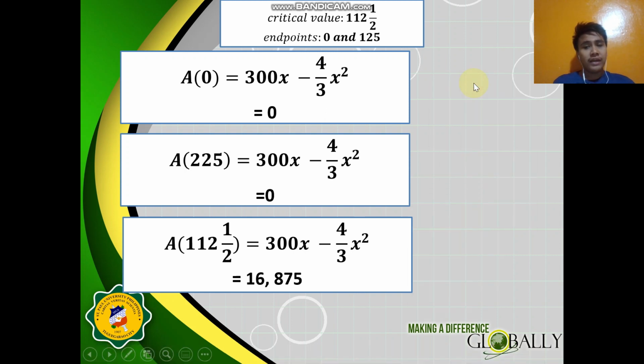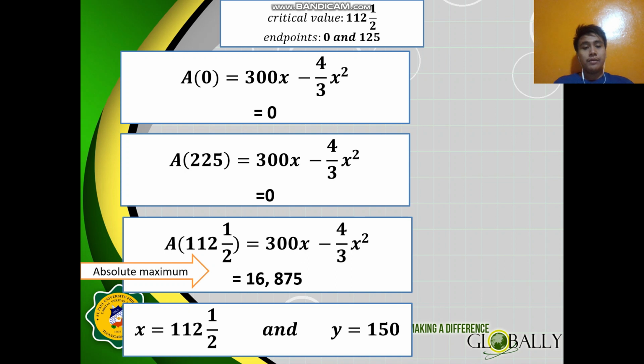So what do you think is our absolute maximum in these solvings? Yes, very good. So our absolute maximum is 16,875, and our absolute minimum is 0.